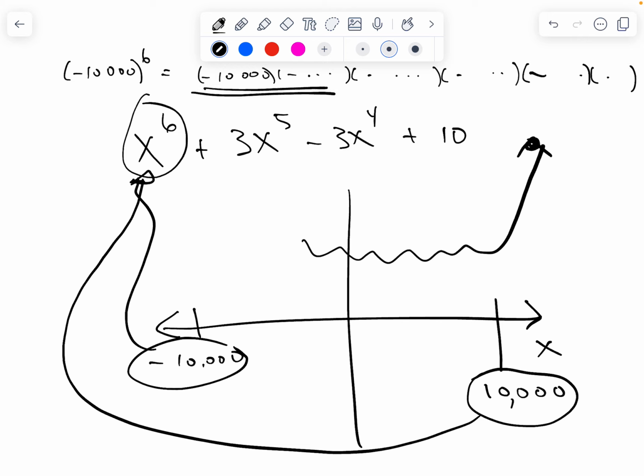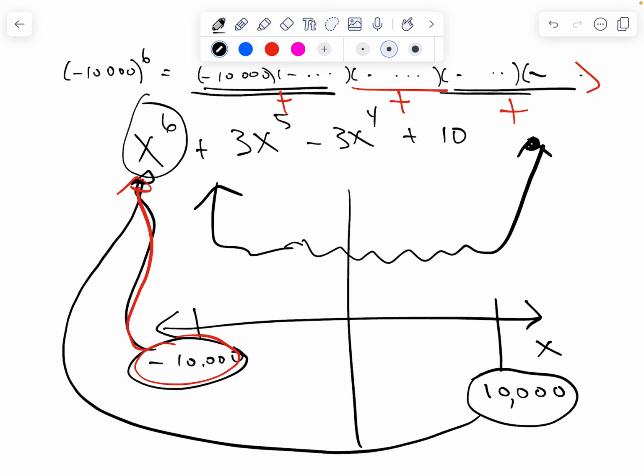So negative negative is going to make a positive. Negative negative, positive. Oh, I drew one extra one. There we go. And we've got a negative negative, and that's going to make a positive. And so when we take a negative number and raise it to the 6th power, negative numbers to the 6th power are positive, and so that's going to end up going like that.